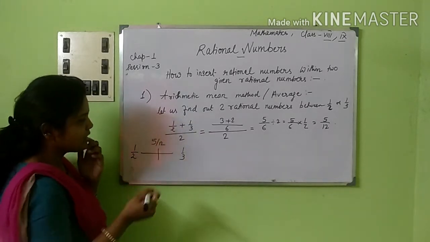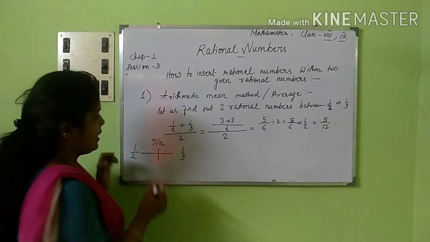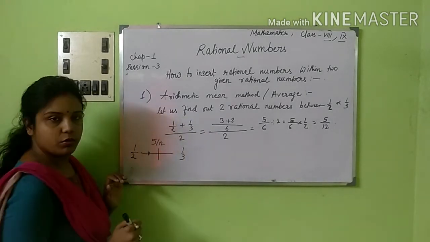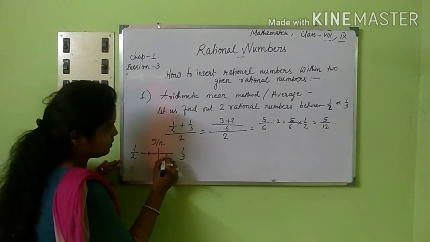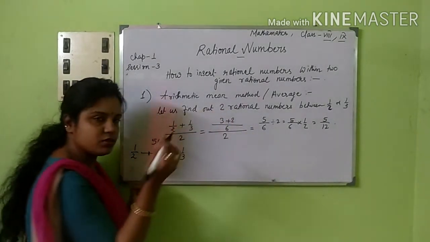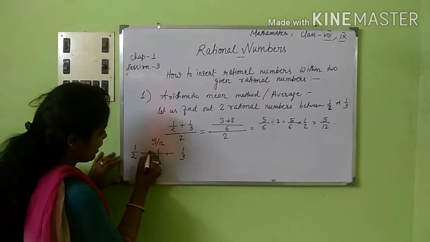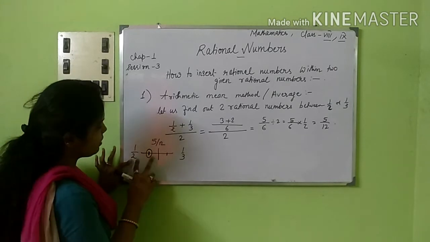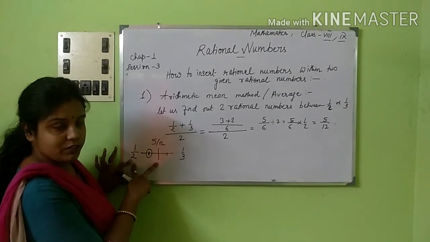So one of the numbers we have got is 5 by 12. Okay, so what is the other number? Let's find out. If I want a number in between 1/2 and 5 by 12, I am going to find out the mean of these two numbers.